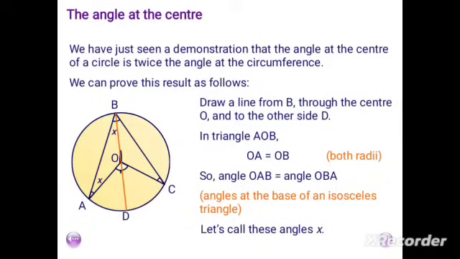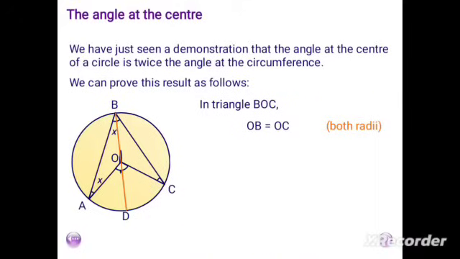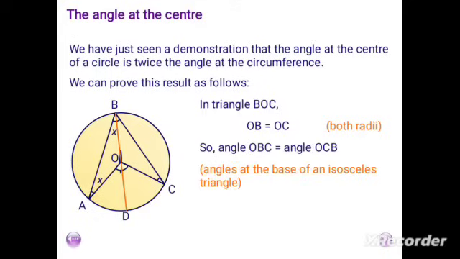We can call these angles X. Then we consider another triangle BOC, that is OB is equal to OC. Both of them are radii, so that means that OBC and OCB are equal angles at the base of an isosceles triangle formed.